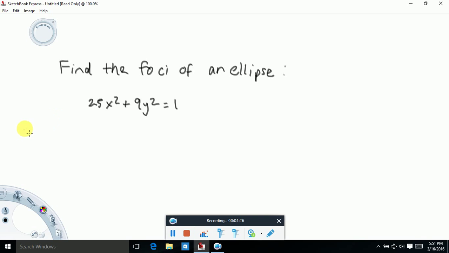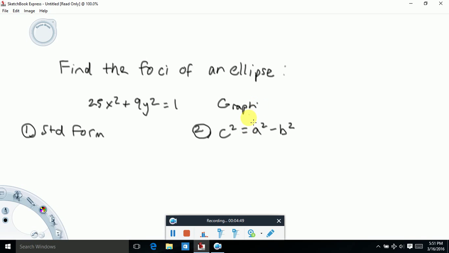The first step is to get it in standard form, and the second step is to use the following equation to find where the foci are. And we also want a graph. And just write that graph.